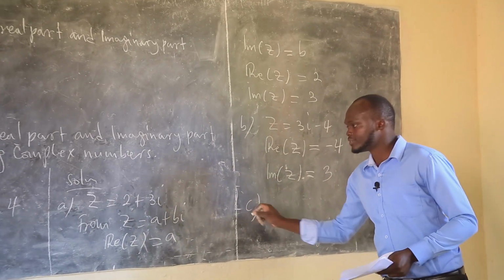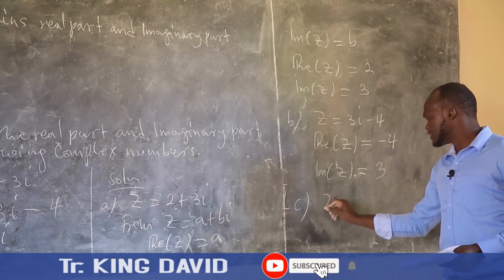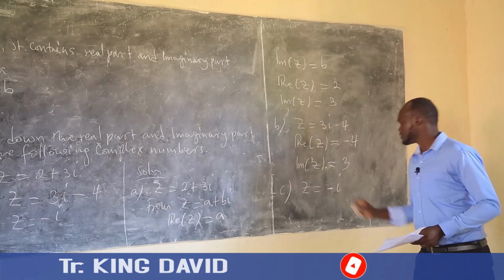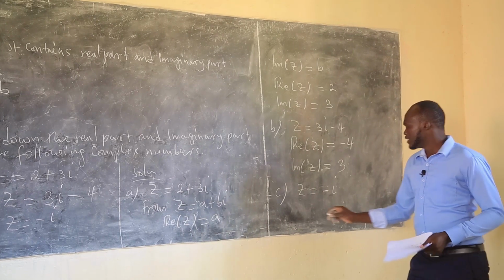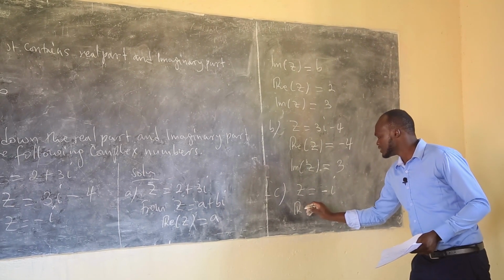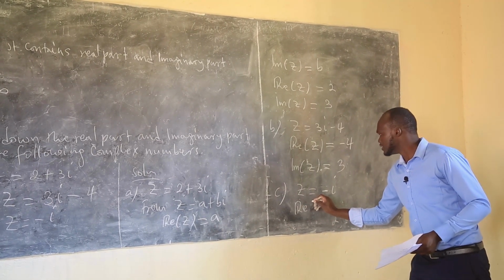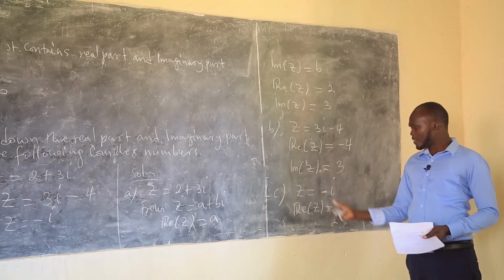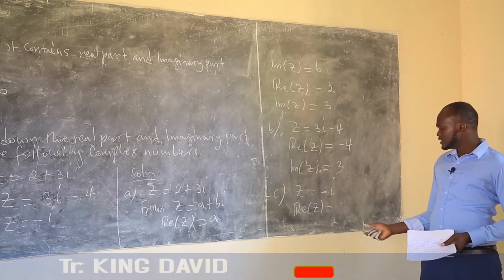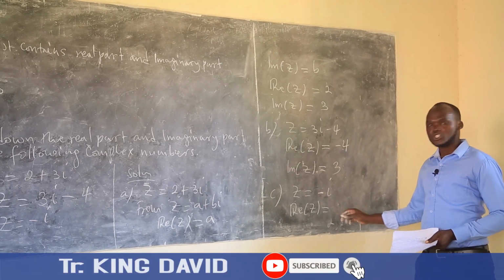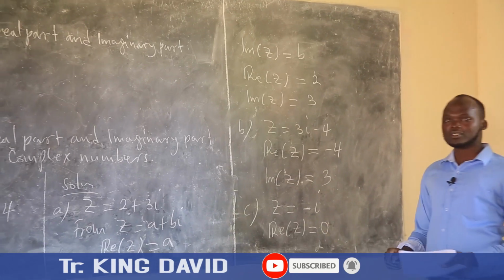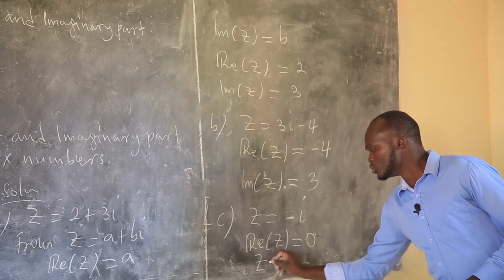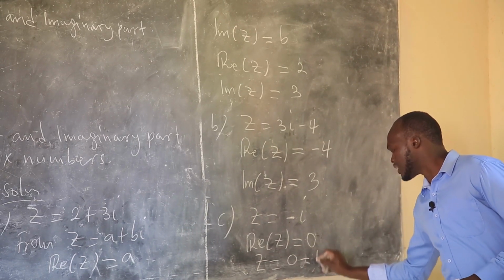So number C, we have z equal to negative i. What is the real part of z here? The real part of z here is 0, because here it's like z equal to 0 minus i.